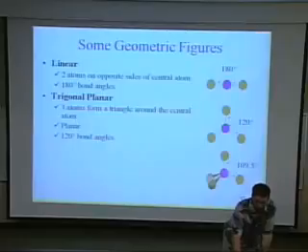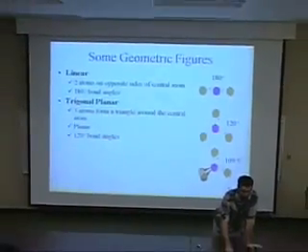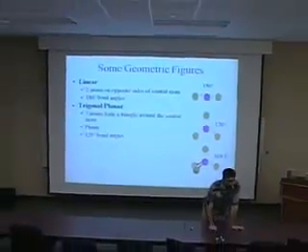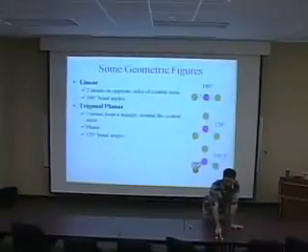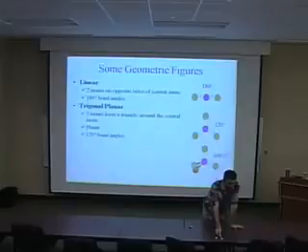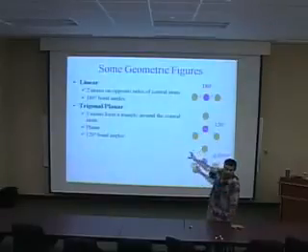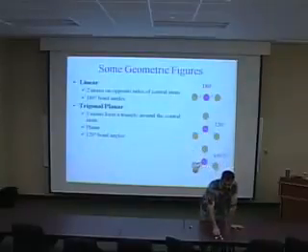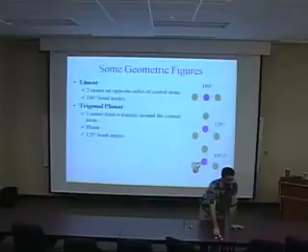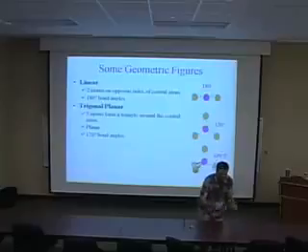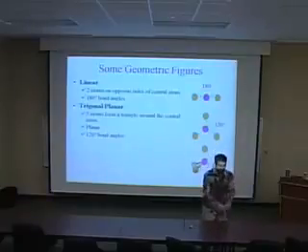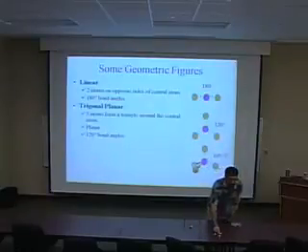That means all of them are on the same plane. That's not planar, because that central atom is not touching. So if I have a planar geometry, it means that everything can be drawn like you would draw it on paper, flat on paper. If you picked it up and looked at it from the side, they would all be in line with each other. They would all be touching if you put it flat on a table like that.